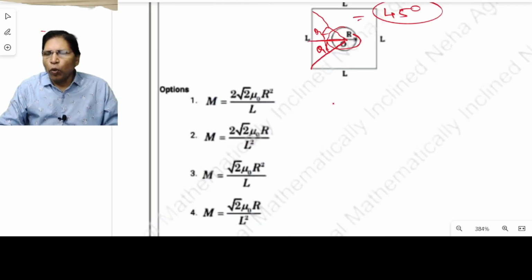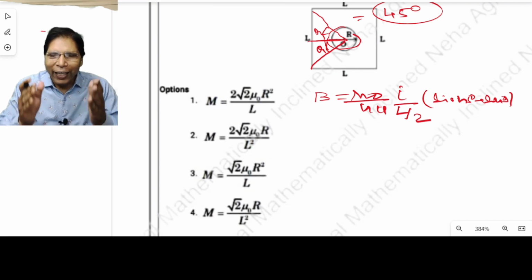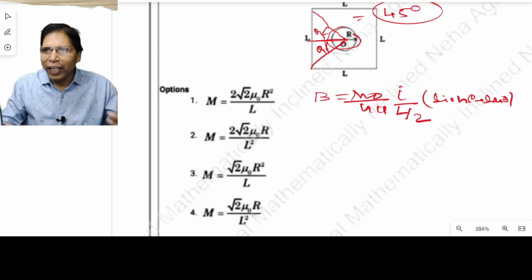So magnetic field B equals μ0 / 4π × I, and the perpendicular distance of the side from the center is L/2, times (sin 45° + sin 45°), and as the square has 4 sides, this is multiplied by 4.